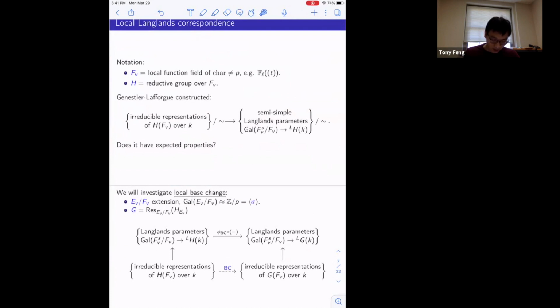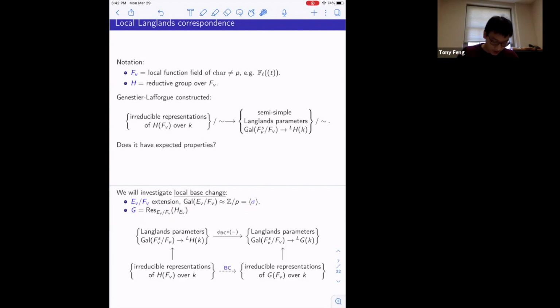To set that up, I need two groups, and I'm going to make them similarly. I started with my reductive group H. Now I'm going to give myself another field extension, cyclic of order p, and I'm going to pick a non-trivial element, which automatically generates, and I'm going to call it sigma, just because it's easier to write sigma than Z mod p. And I'm going to let G be the Weil restriction of H from this field extension.